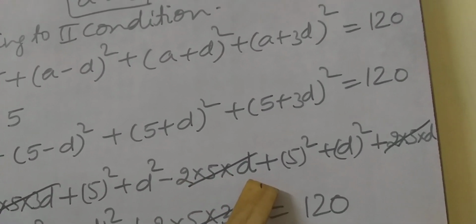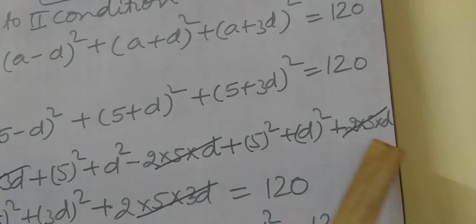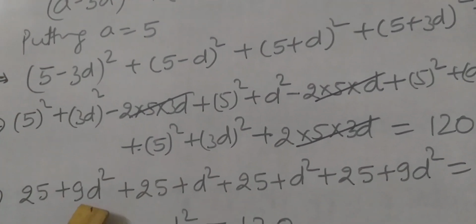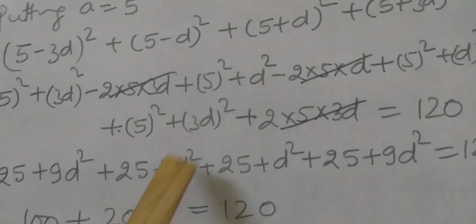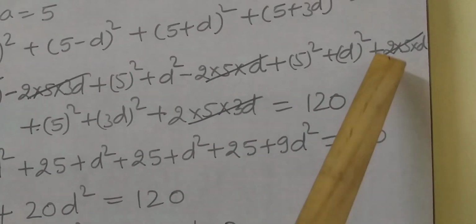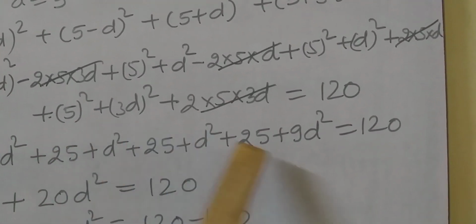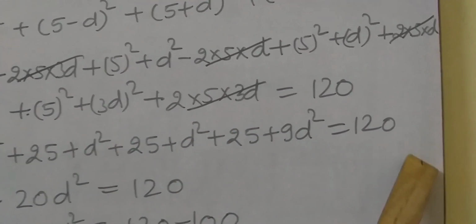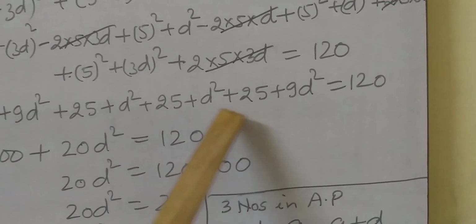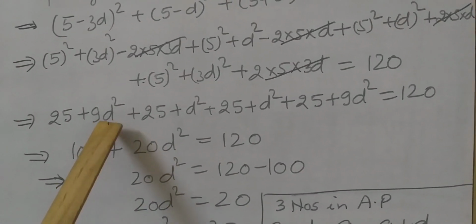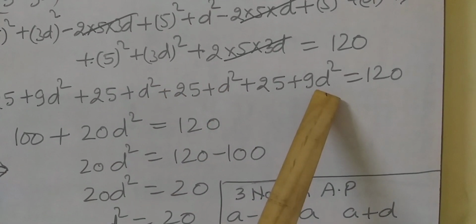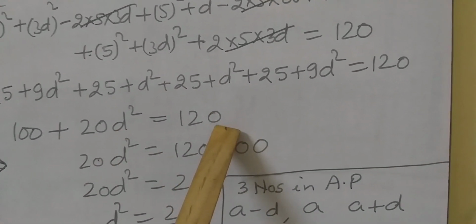Minus 2 into 5 into D plus 2 into 5 into D, both will be cancelled. 25 plus 9D square, 25 plus D square, 25 plus D square, 25 plus 9D square equals 120. So 25, 25, 25, 25 make 100, students, and 9D square, 10D square, 11D square, 20D square equals 120.